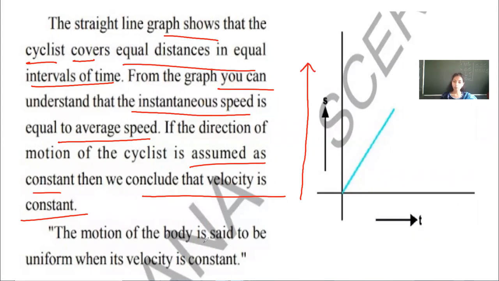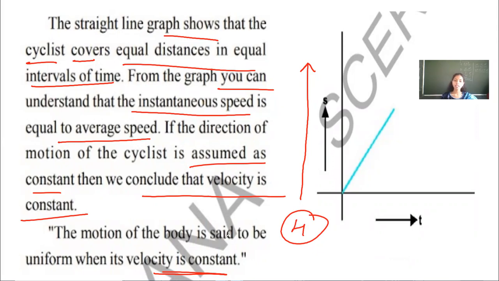The motion of a body is said to be uniform when its velocity is constant. Here the velocity is constant because he covers equal distance in equal intervals of time. So he is moving with constant velocity. In every second, he covers 4 meters of distance only. That's why the velocity is constant.